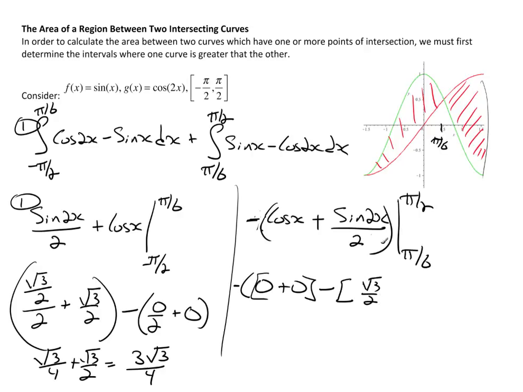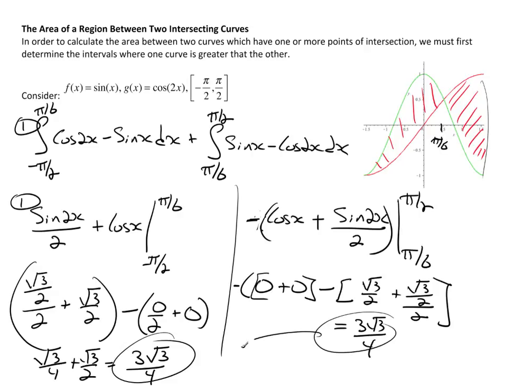And sine of 2 times pi over 6, that's sine of pi over 3. That's going to be root 3 over 2 over 2, just like we had over here. So I'm going to end up with this double negative, which is a positive. So this is also going to give me 3 root 3 over 4.